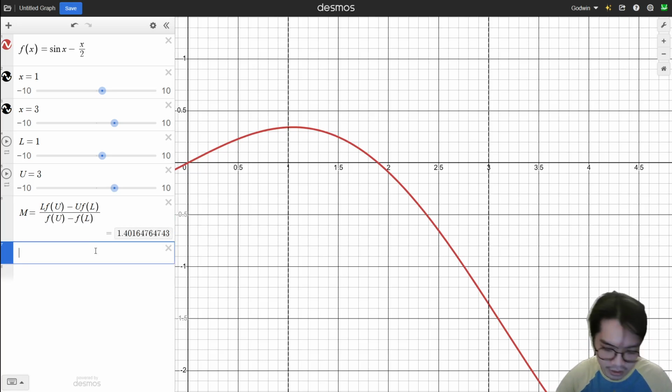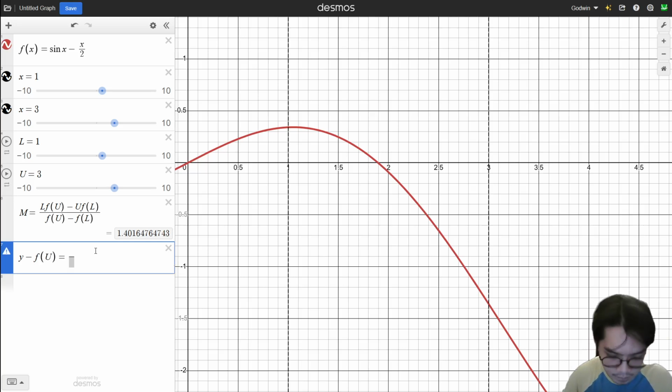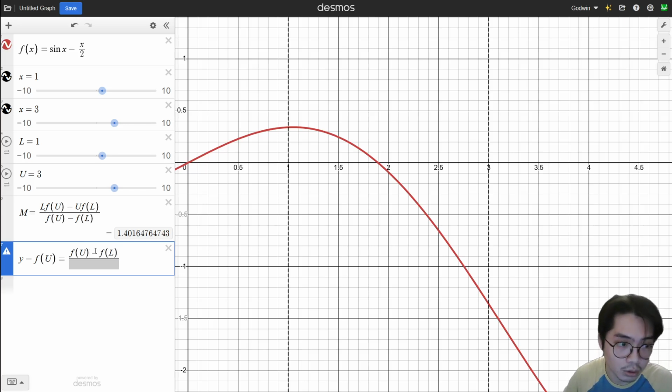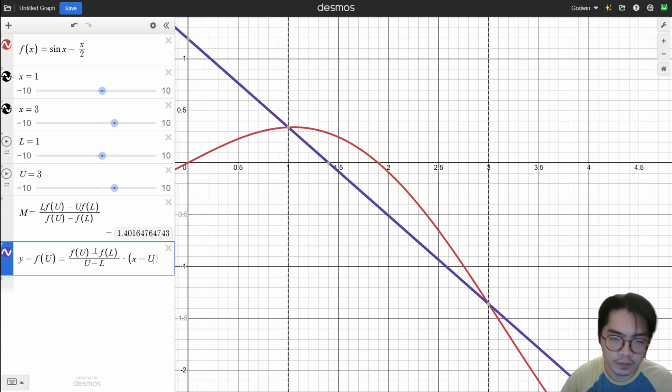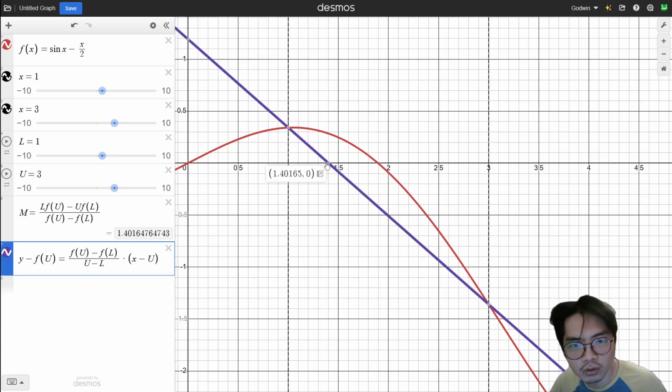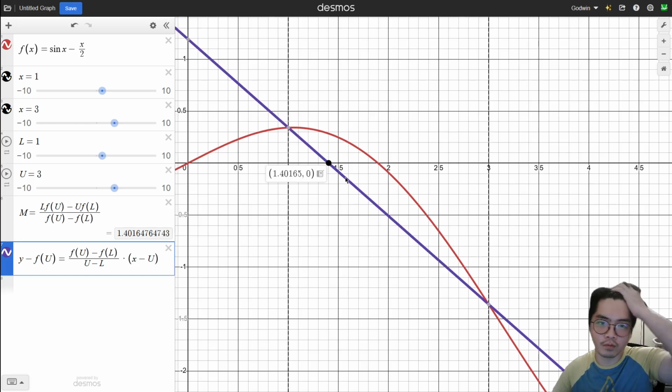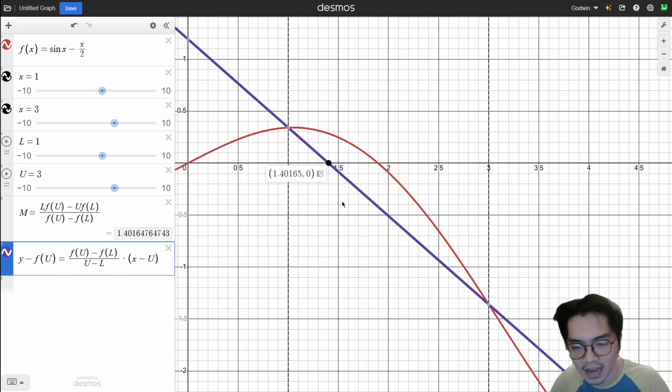And let's try and create the line in here. It is equal to f of u minus f of L all over u minus L, times x minus u. So that is the thing it creates, and notice that the point is now here, 1.40165.